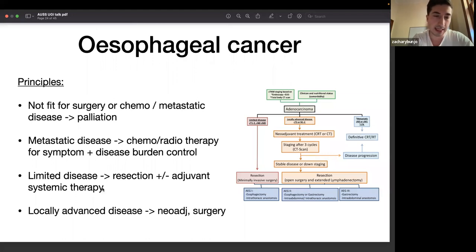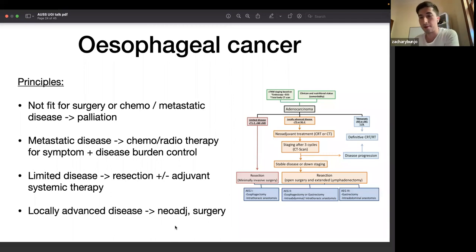If they've got limited disease, and obviously these kinds of patients are going to be discussed extensively in an MDT meeting with surgeons, oncologists, radiologists, radiation oncologists, but just appreciate in the right subset of patients, they'll be offered a resection, and they're likely going to receive some form of adjuvant systemic therapy. So that's chemotherapy that follows their operation. In more locally advanced disease, another approach that's used is neoadjuvant chemotherapy.